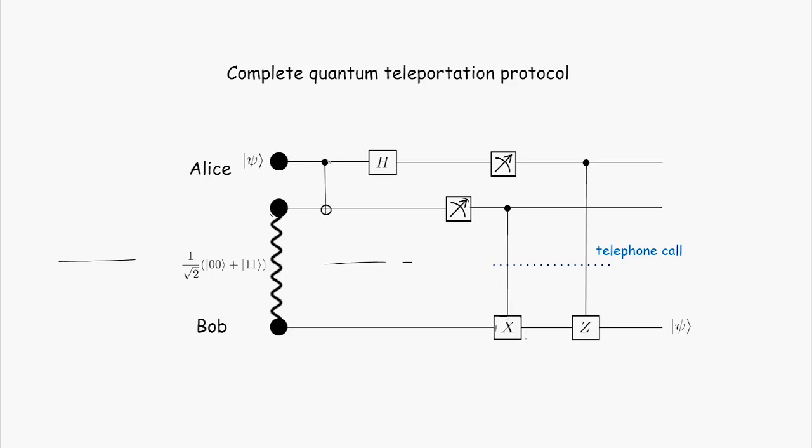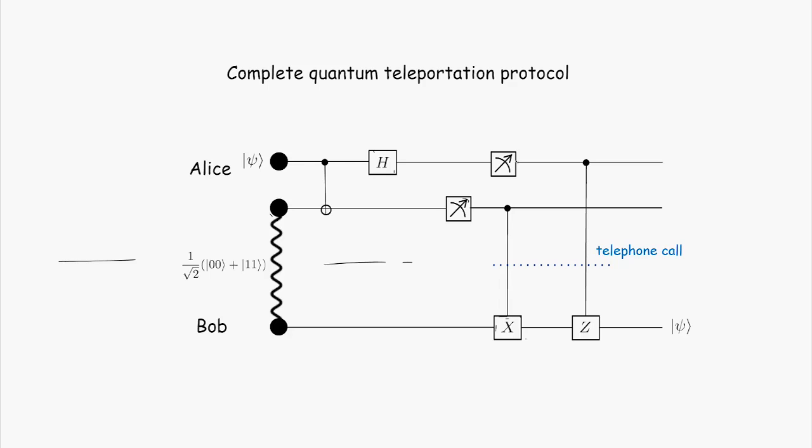Then what happens? Well, then the other thing Alice does is she wants to measure her qubit, the first qubit, in the Hadamard basis, right, in the plus-minus basis. So another way she can do this is she applies the Hadamard transform to her qubit, and then she measures in the standard basis. Make sure you understand that this is the same thing.